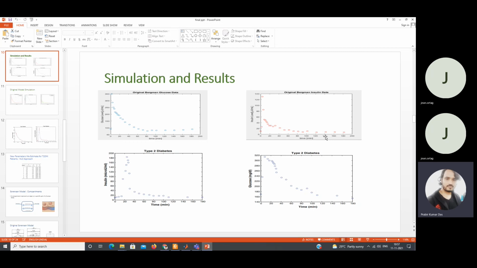So this is glucose data, and this is insulin data. What is the difference between continuous data and discrete data? Some other people collected this data using discrete intervals of time. But if we make an interpolation using that data, then we can fill the gap.